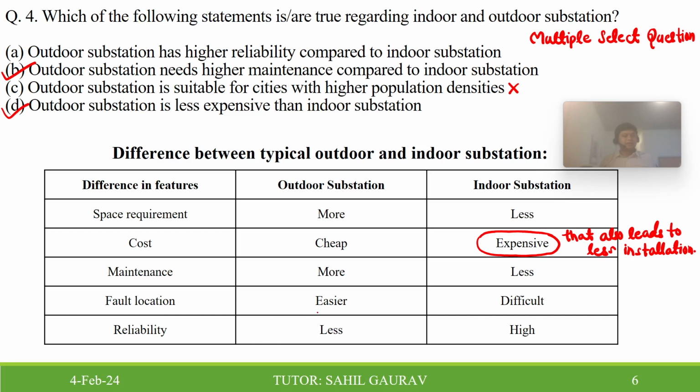The fault location for outdoor substation is easier because the equipment is in full view. For indoor substations, it is very difficult because the equipment is enclosed.